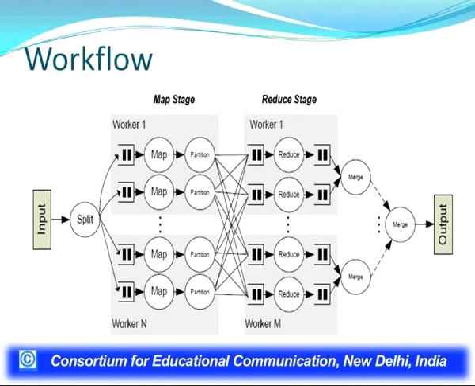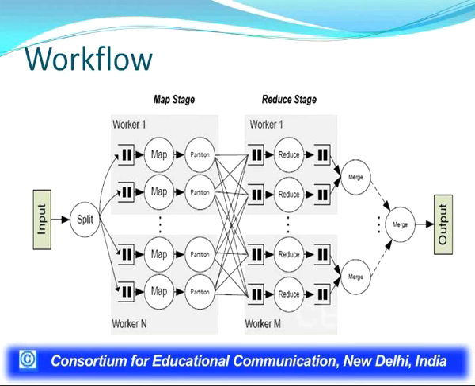You can see here the workflow, how the input and the different jobs are split at the map stage. You can see worker 1 and the different workers assigned at the map stage, and then divided into different partitions.